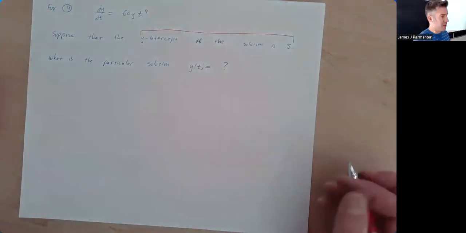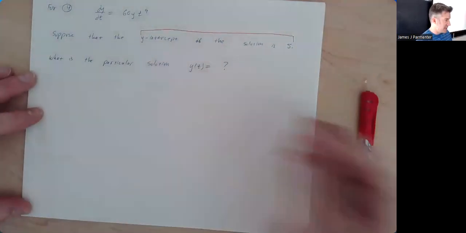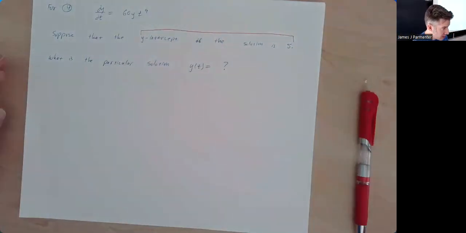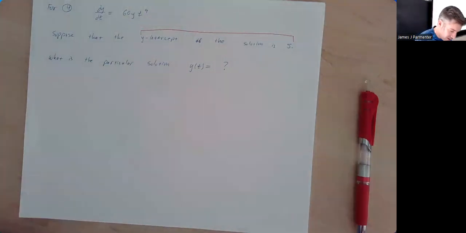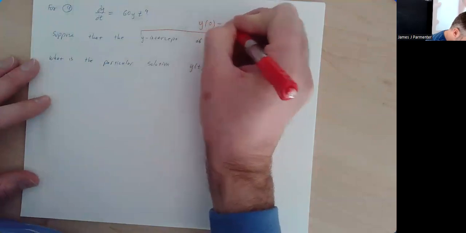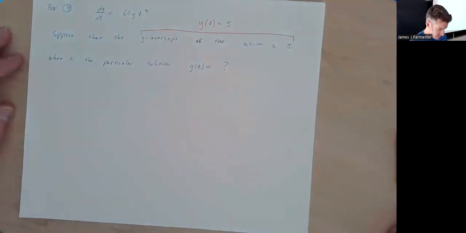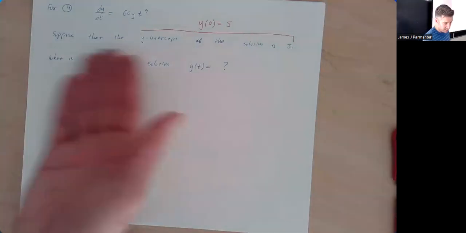So if the y-intercept of the solution is 5, okay, well, my solution is y of t equal to something. If the y-intercept is 5, that means that y is equal to 5 when we plug in what? Right, when we plug in 0. So this here just means y of 0 is equal to 5. So now we're going to use that after we get our general solution, then we'll use this information to find the particular solution.